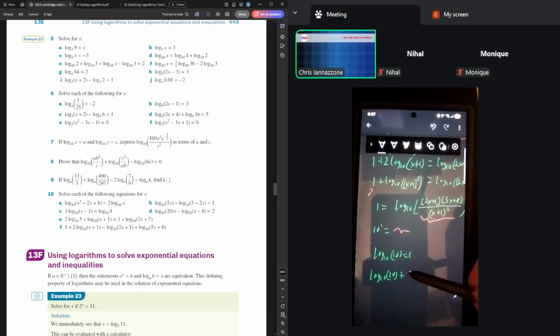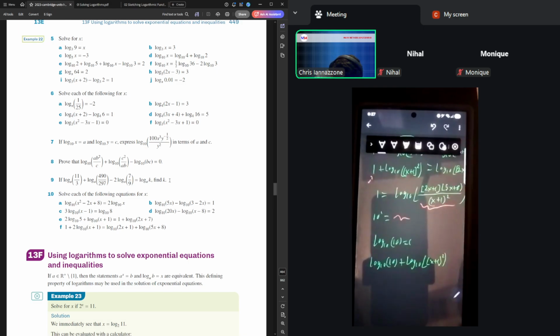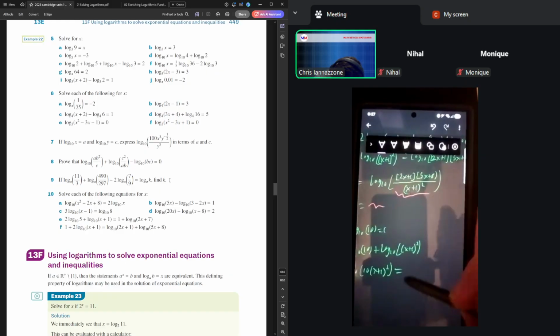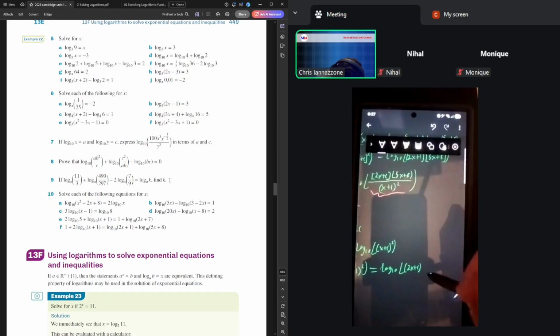Now when you add that to log 10 x plus 1 all squared, this is now another product law that you can do. So that's going to end up being log 10 bracket x plus 1 all squared, and that's going to be equal to whatever was on that side, log 10 2x plus 1, 5x plus 8.